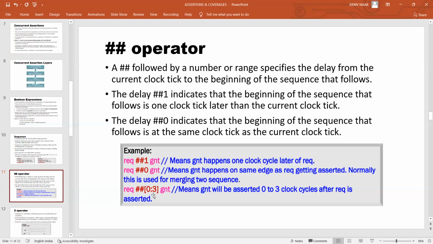And here you can also mention some delay. So when your request is high, between 0 to 3 clock cycles, grant will be asserted, like grant will be high after 0 to 3 clock cycles when request is asserted high. It means when your request signal is high, after 0 to 3 clock cycles, your grant will be high.